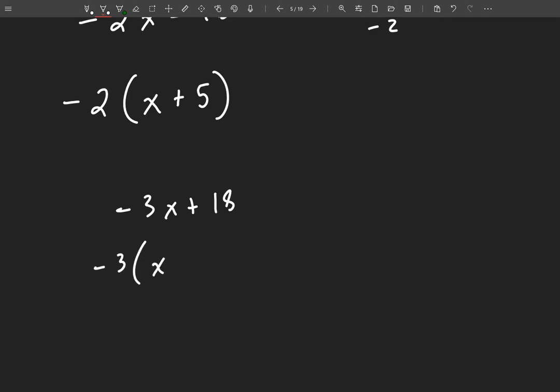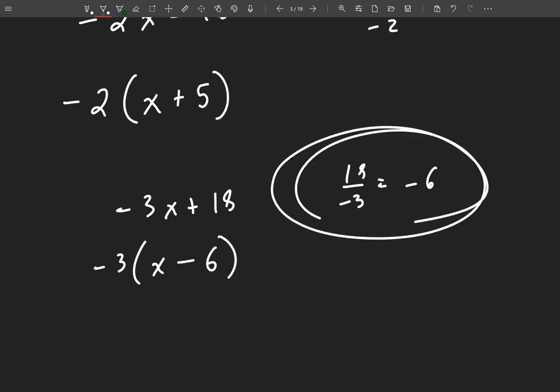If I divide 18 by negative 3, that's a negative 6. Now, you don't have to write this piece out if you don't want to. The way I really think of it is whenever I pull a negative out front, or I factor out a negative anything, I just flip all the signs of everything I write in here, because you're dividing by a negative number, which flips all those signs.